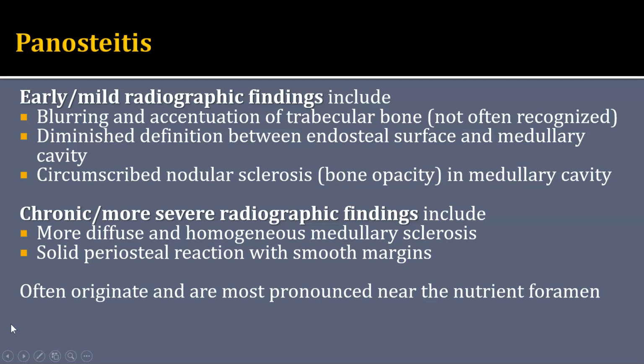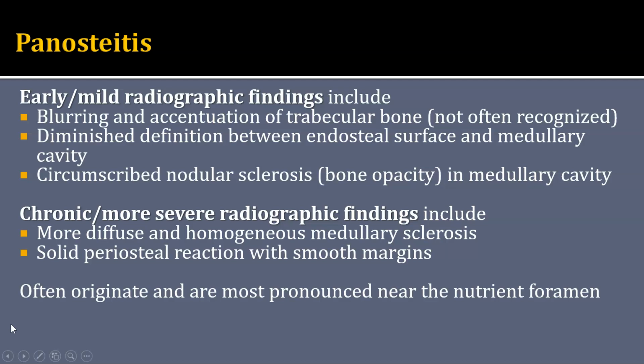This is one disorder where the radiographic findings can be almost pathognomonic for the disease, but if the patient is not responding to symptomatic therapy for pain control, then you probably should consider repeating radiographs to rule out the fact that there might be an actual less typical medullary infection.